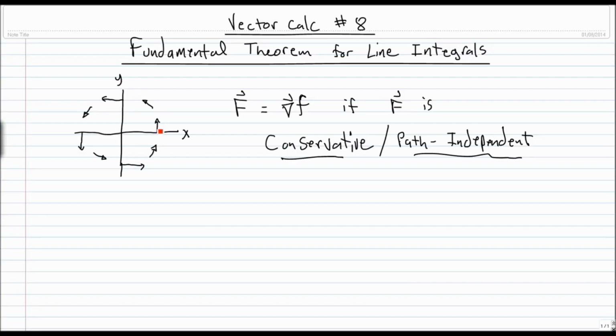That means if I start at some point in the plane and finish at some other point, say I travel from point 1 to point 2 like this, does my path matter? Well, if F is a conservative vector field, then no, the path doesn't matter. So you can think of this like the work that you have to do to lift a big huge rock up a hill, right?